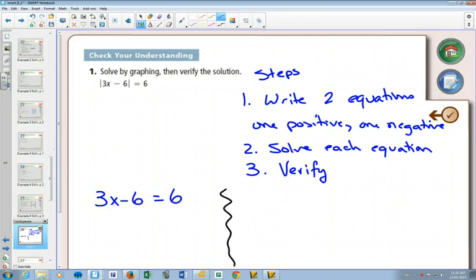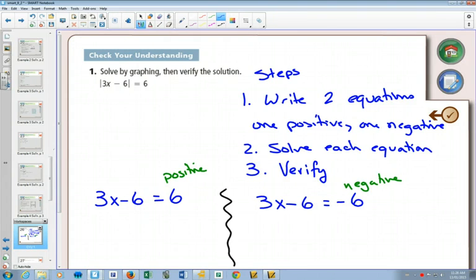The other possibility is that the 3x minus 6 is a negative 6, because then the absolute value would make it positive and the equation would work. So this is the one equation where it stayed positive, and this is the one we made negative.